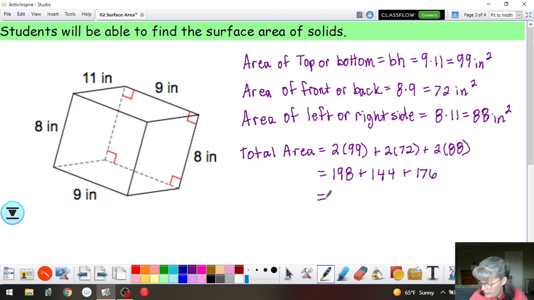Add these values together, and we have a total of 518 square inches.